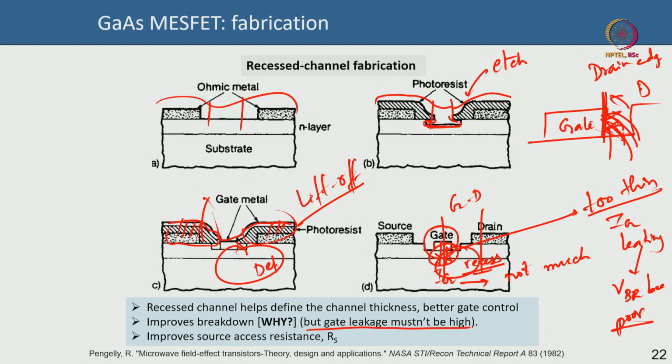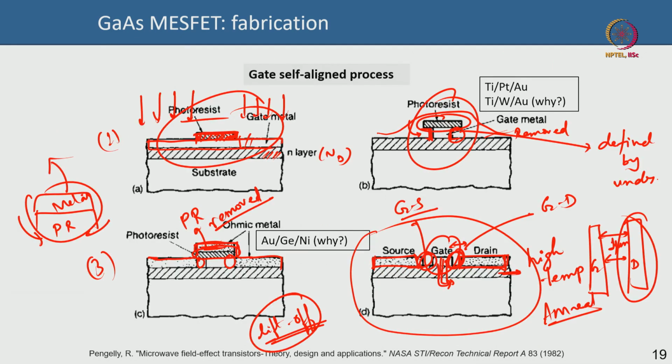And one of the things that I had in my slide which I did not explain is, for instance, for a gate metal, if you use a refractory metal, you will use titanium, tungsten, or silicide, and if it is not a gate priority process, which means it is an ohmic priority process, in that case you can use a non-refractory metal such as titanium, platinum, gold.